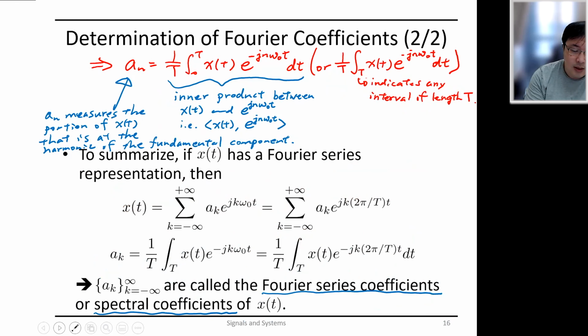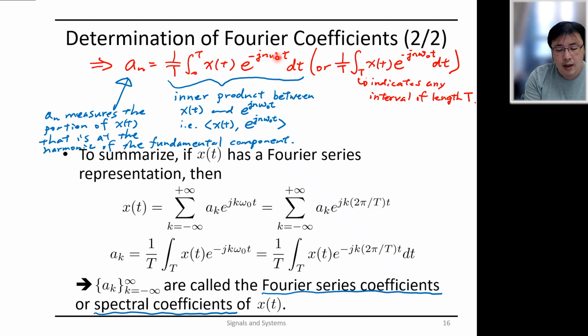To find the coefficient a n, you take the average over one period of the multiplication of x of t and the complex conjugate of the complex exponential that we're interested in. Namely, you take 1 over T, the integral from 0 to capital T, x of t e to the minus j n omega naught t.